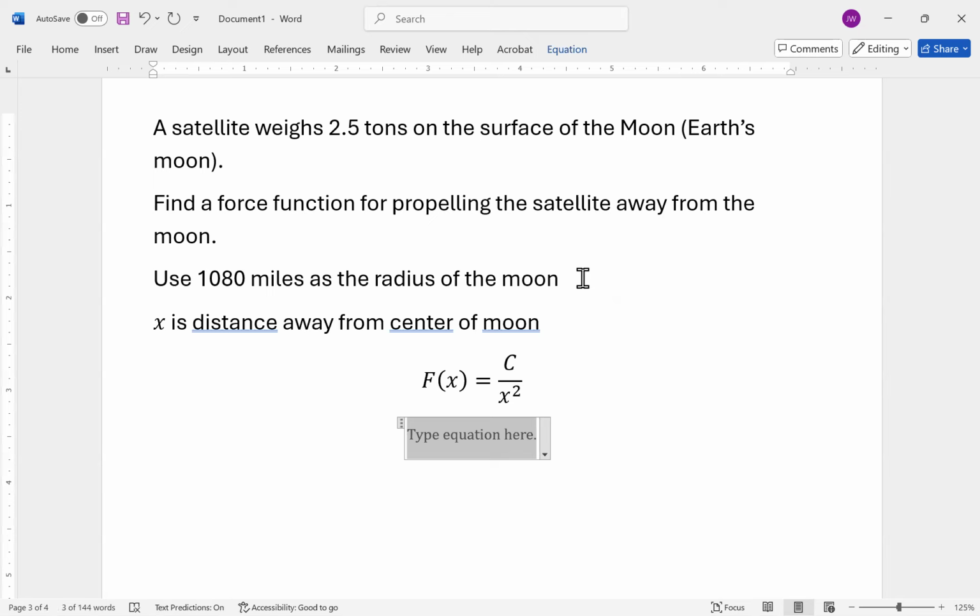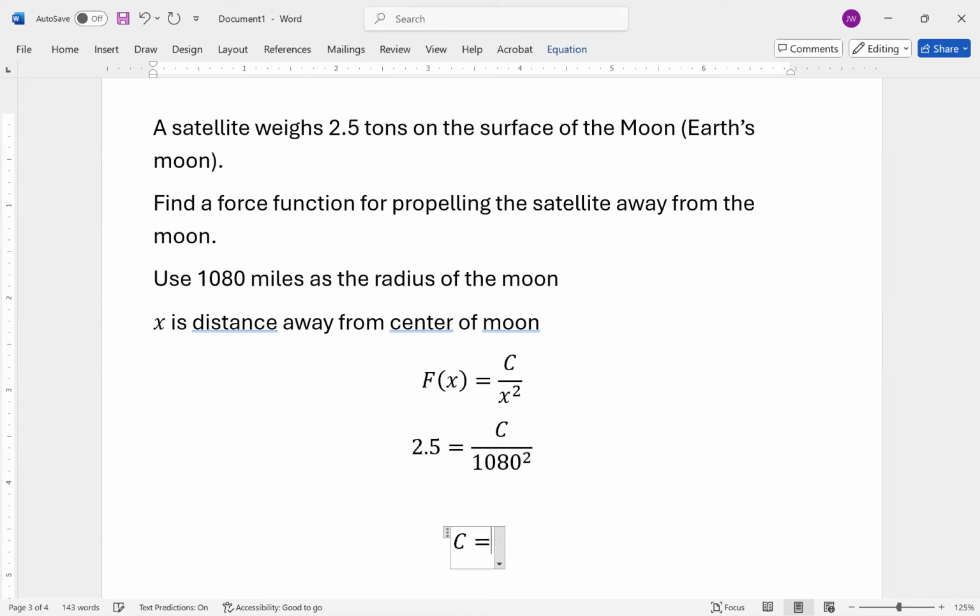I know that this satellite weighs 2.5 tons on the surface of the moon, and I know that the moon has a radius of 1,080 miles. That means I can find the constant in this force function by taking 2.5 times 1,080 squared. We're squaring the 1,080 before multiplying by the 2.5.